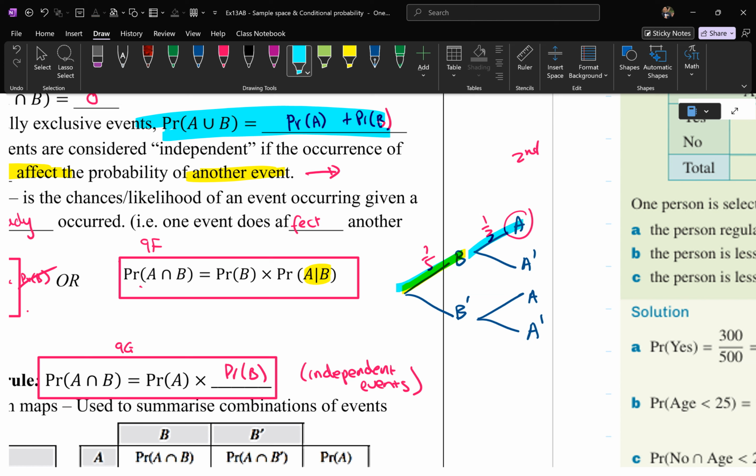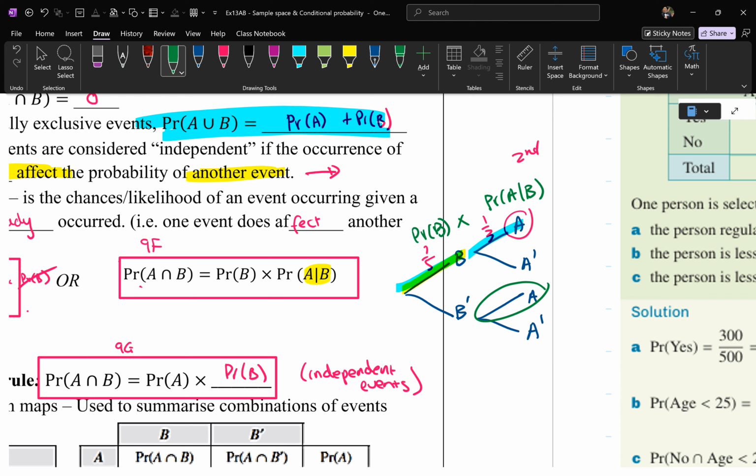You still do 1/5 times 1/3. But you see the notation's different. This is probability of B times, this is probability of A, but it's not just A by itself. It is A provided that you got B to begin with. Because if you didn't get B, it changes the probability of getting A. So that was conditional.